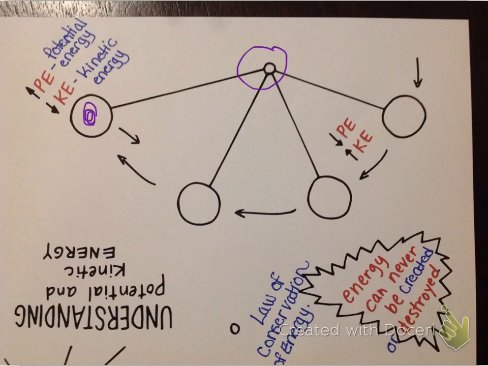Down here, closer to the bottom, you see there's less potential energy but a lot more kinetic, and we're going to explain more on the other side of your note page as to specifically what potential energy is and kinetic energy and those differences. Right here I wanted you to take a look at these diagrams and just note that it's important that you follow arrows as to the motion of the object, and know that the higher something is off the ground, the more potential it is going to have.